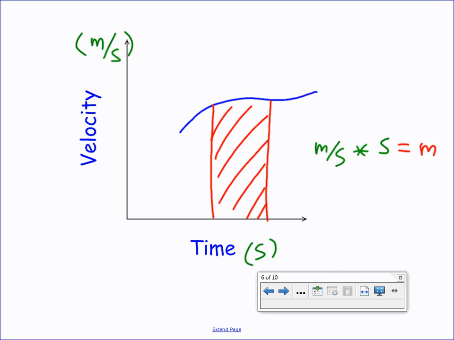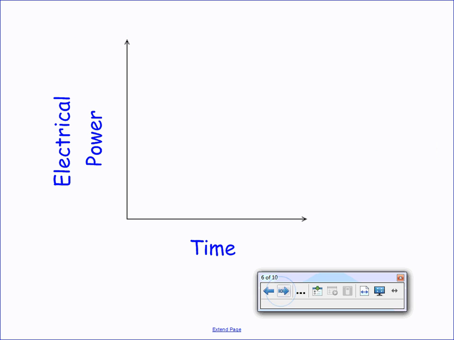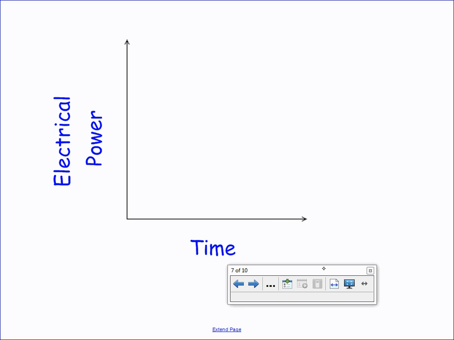I want to extend this beyond nice rectangles and triangles like for our Bellwork, and consider different rates and different shaped curves. We can still apply the same notion of units by taking our y-axis units multiplied by our x-axis units. In general, the definite integral represents a product, the product of a dependent variable multiplied by the independent variable.